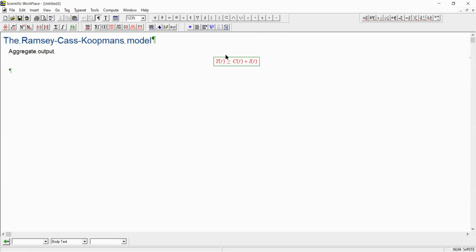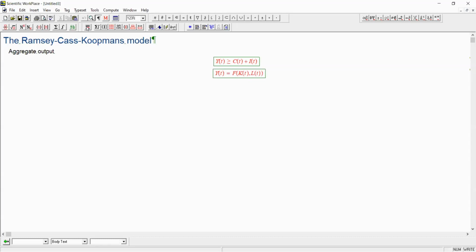And we're also going to have a production function. So Y is going to equal some function which uses two inputs but has three arguments. One is capital, and the other is labor.